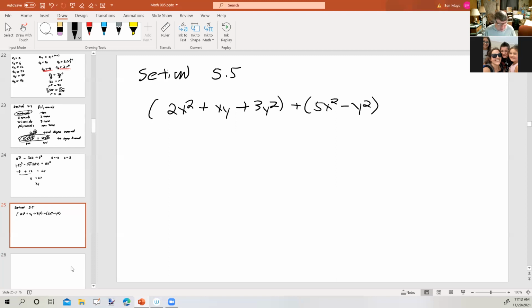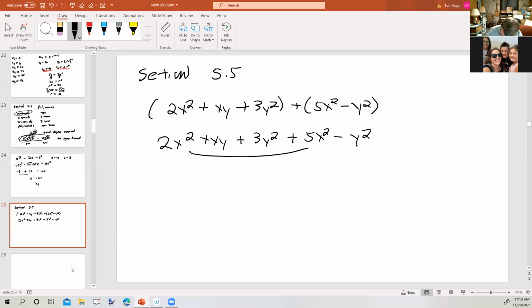If there's a plus sign in front of it, we can drop the parentheses. So this becomes 2x squared plus xy plus 3y squared plus 5x squared minus y squared. Combining like terms, these are like terms and those are like terms. I've got 7x squared plus xy plus 2y squared. Okay.